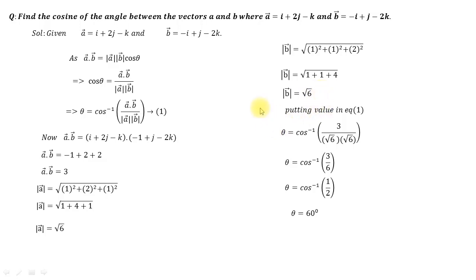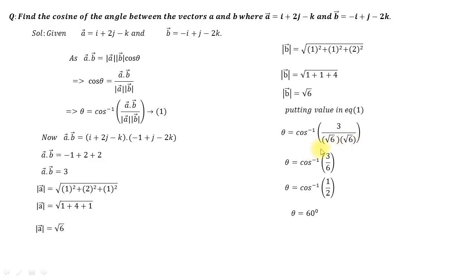Now to find cos theta. If we want only theta, then theta is equal to cos inverse of A dot B divided by magnitude of A times magnitude of B. The A dot B result is 3, the magnitude of vector A is under root 6, and the magnitude of vector B is also under root 6.